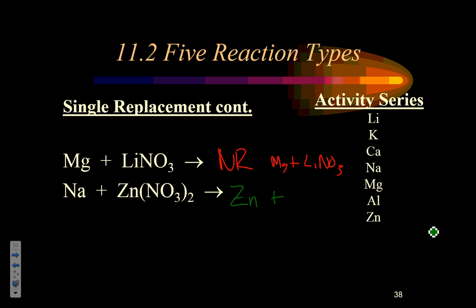Now, sodium ends up with nitrate, and here's where we're making a compound. You've got to be careful. At this point, most of my students will say, okay, I've got Na with NO3. That's my formula, Mr. Brown. Well, the problem is that's not a valid formula. Remember, we're making an ionic compound. Ionic compounds have to be neutral. So when you look up sodium, you will see Na+.